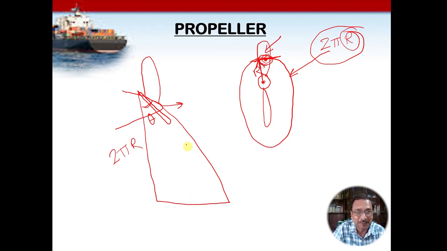And what is the pitch of the propeller? That is the distance that the propeller would move forward when it makes one rotation. So this distance obviously would be represented by the base of the triangle. That is the pitch of the propeller. Now let's see a better drawing.